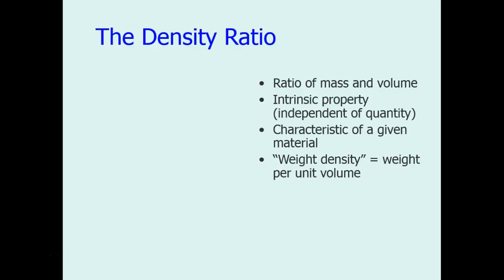Always the same. In fact, of every material, it's unique. It's an intrinsic property independent of how much you have. You can have an ounce of gold, its density is going to be the same as if you have a pound of gold. The volume will be different, but the ratio will be the same.